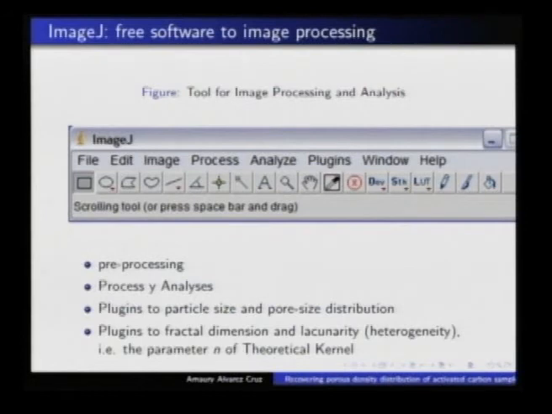It has a plugin for particle analysis to obtain the porous size distribution, and plugins also for fractal dimension and lacunarity, which is the idea of the heterogeneity of the medium. The lacunarity is used to estimate the parameter n in a theoretical kernel.